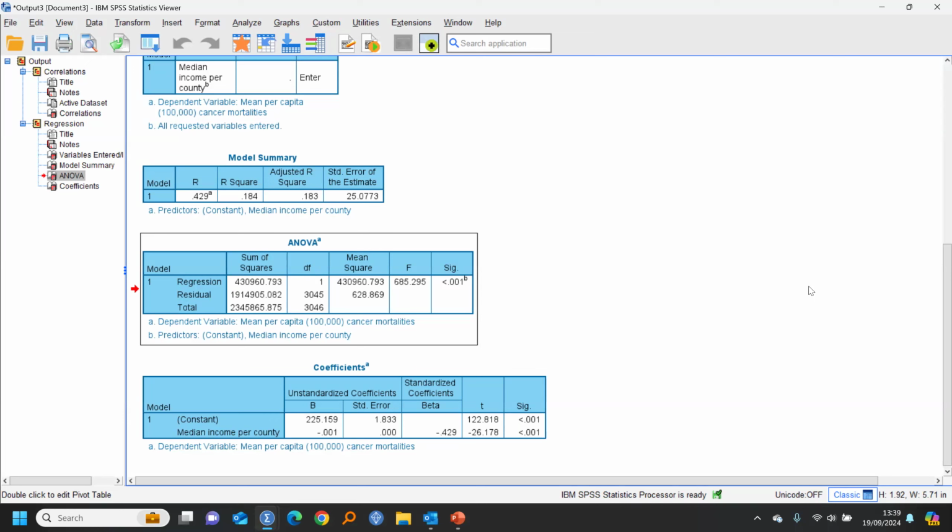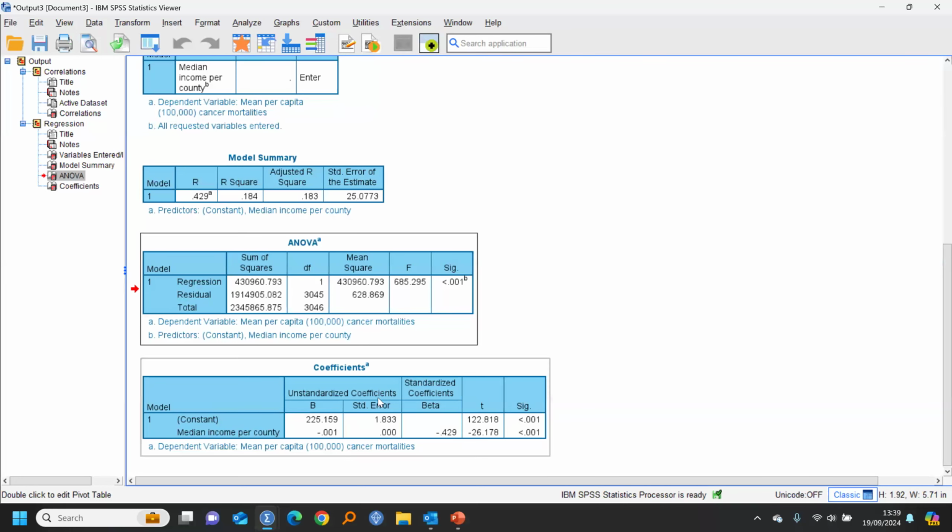If you just did the constant and said, well, look, I assume that the mean cancer mortality is X, is using median income more likely to give you a better estimate? If there's any sort of correlation between them, it's usually statistically significant. We would reject the null hypothesis effectively that this variable doesn't help us predict the outcome.